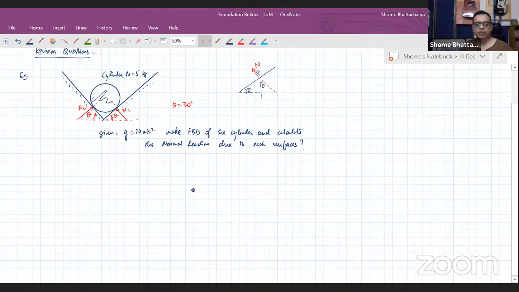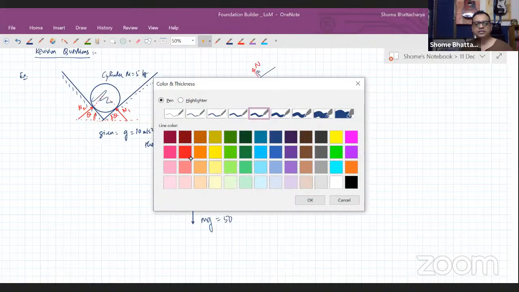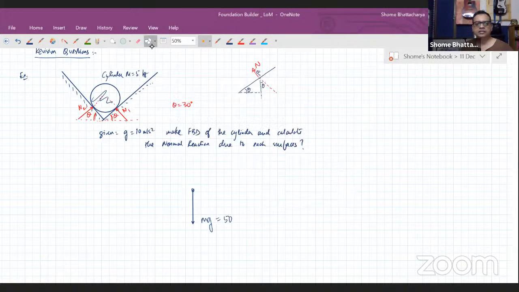So on this body, the forces acting will be weight downwards, mg acting downwards, and the magnitude of mg is known to you. It's 5 kilograms, so it's 50 newtons. And two normal reactions which are acting like this. This one is the N1 in that diagram, this one is the N2.